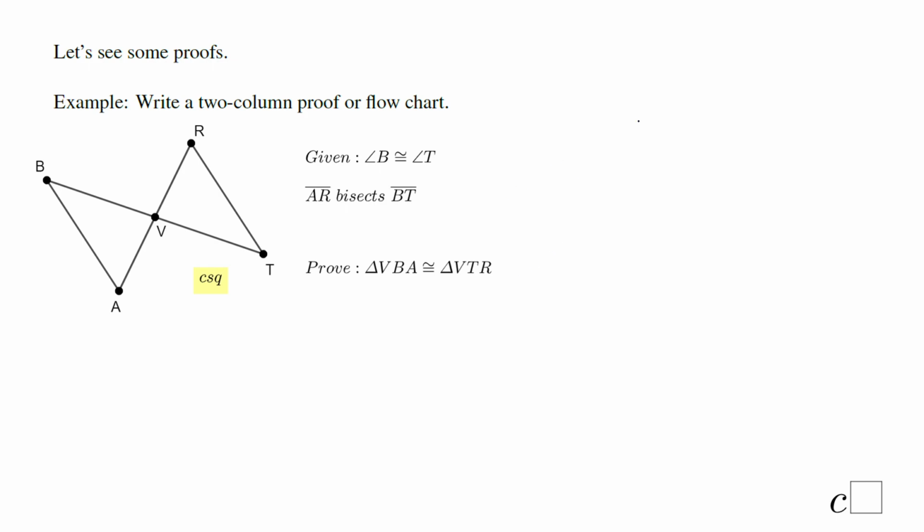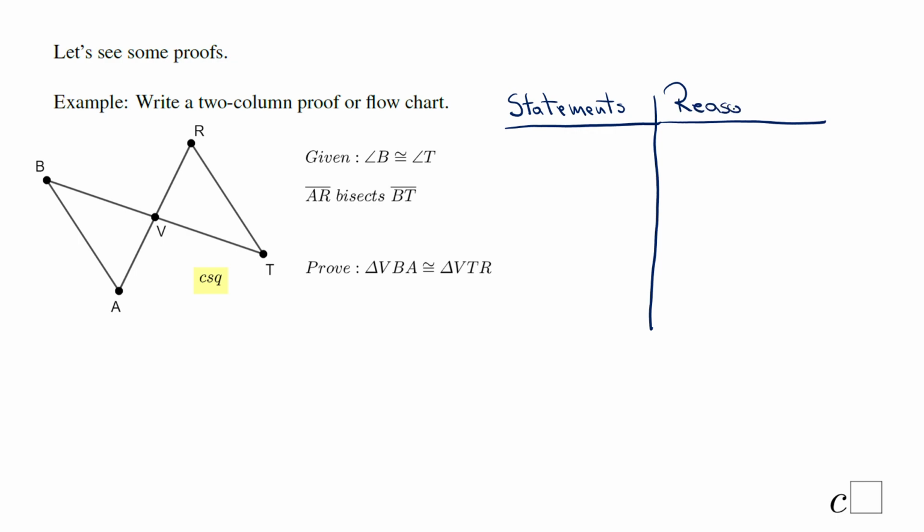If you remember, a two-column proof is something like this. On the left side, you're gonna write statements. On the right side, you're gonna write reasons. And you always start with what is given.